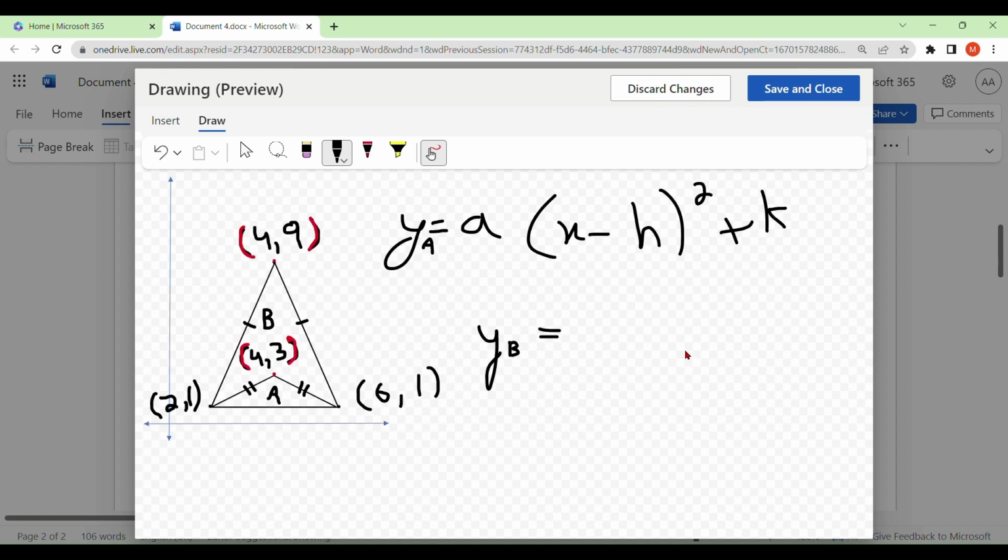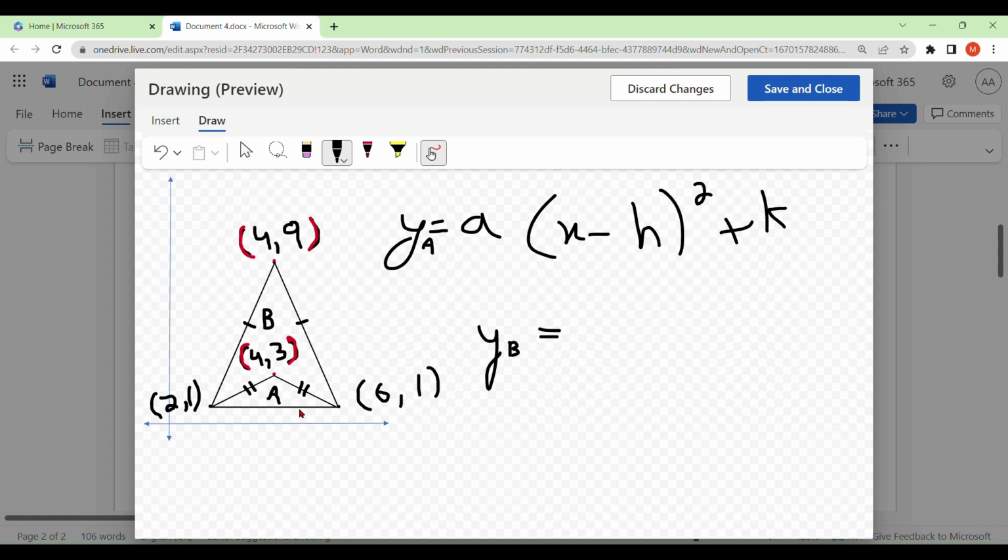Now let's move on to another transformation question. This is an isosceles triangle A and B. As we all know, this isn't the equation of an isosceles triangle, but to get an idea of this transformation, we can use this general equation.